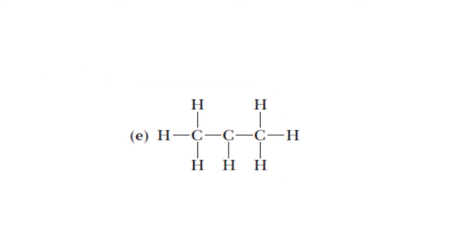Let's look at this compound and assign the formal charge for that carbon. Here, these two carbons have 0 formal charge. For that carbon, the formal charge is equal to the valence electrons of carbon, which is 4, minus the number of unshared electrons, which is 0, plus half the number of shared electrons, which is 6.